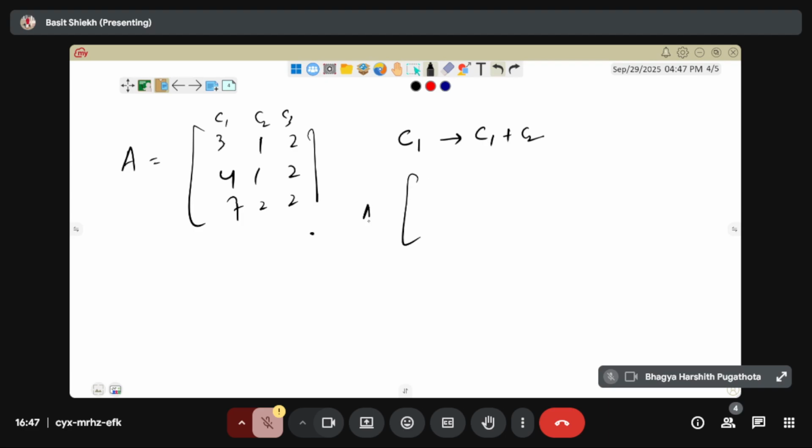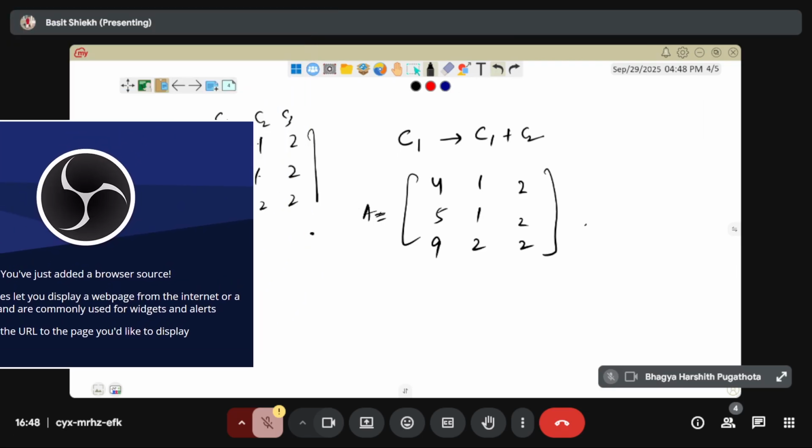Then our matrix will become: 3 plus 1, corresponding elements we add, 4, 4 plus 1 is 5, 7 plus 2 is 9, and the remaining columns will remain unchanged. This will become our new matrix.